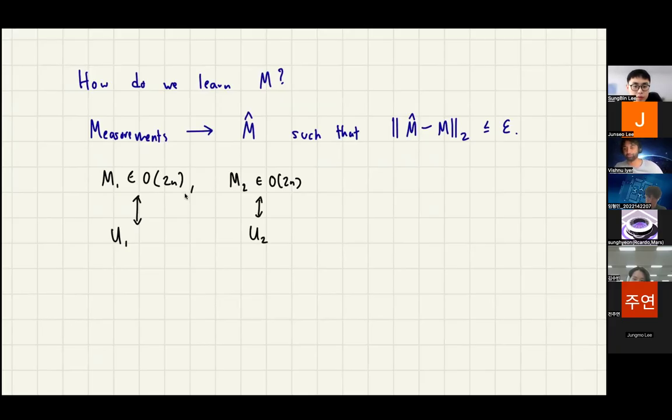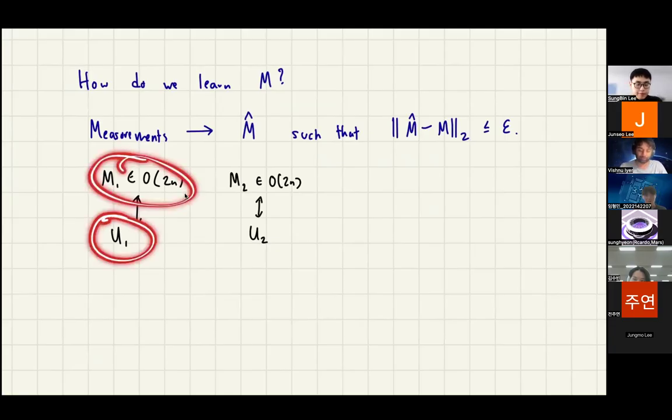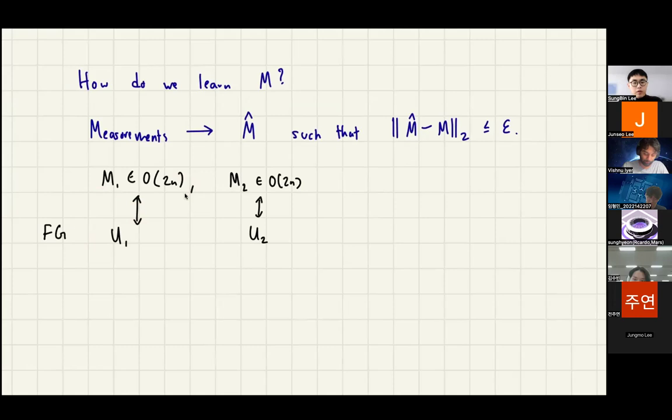This corresponds to unitary U2, okay? Every orthogonal matrix corresponds to a fermionic Gaussian unitary.